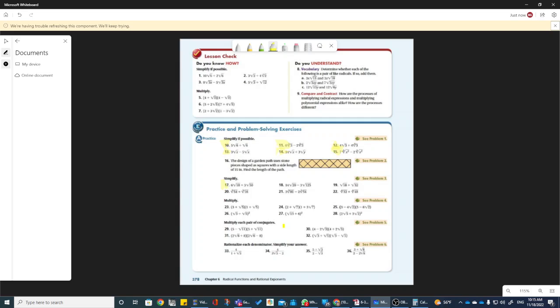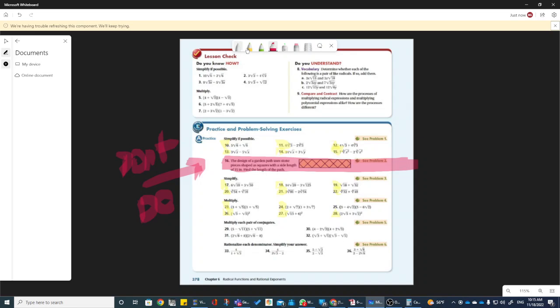Then from 17 through 18. Okay? You don't have to do this part. Don't do it. Okay? The only thing you're gonna do is the yellow part.